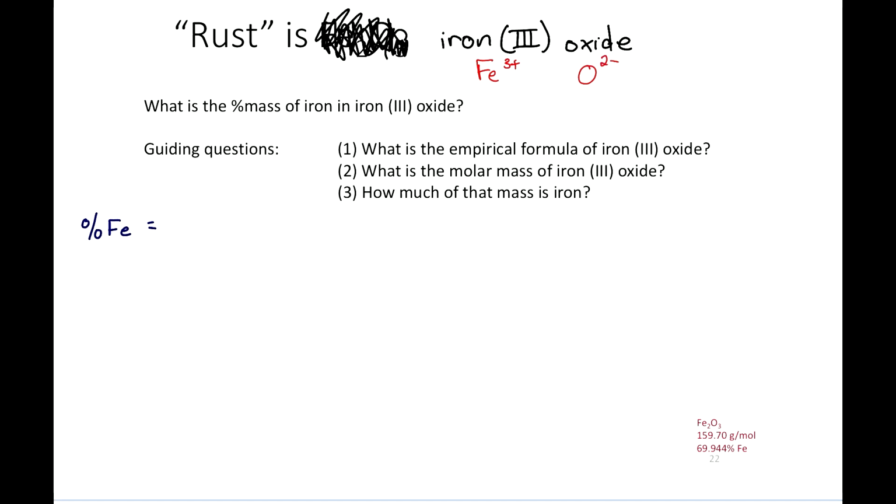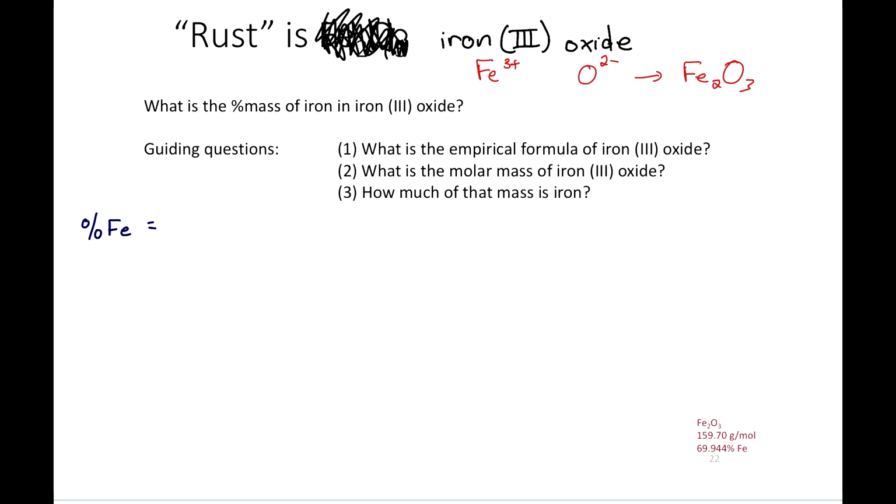There we go. Now we swap those superscripts to make them subscripts to make it charge balanced. So we should see that iron(III) oxide has the chemical formula Fe2O3.